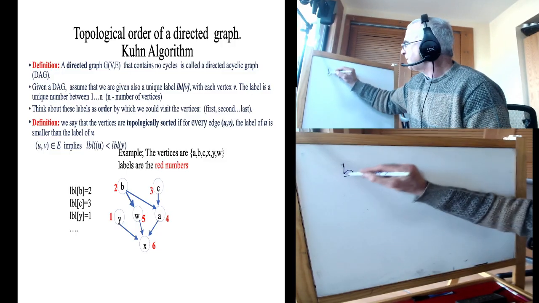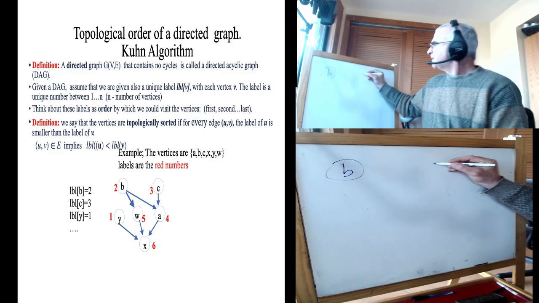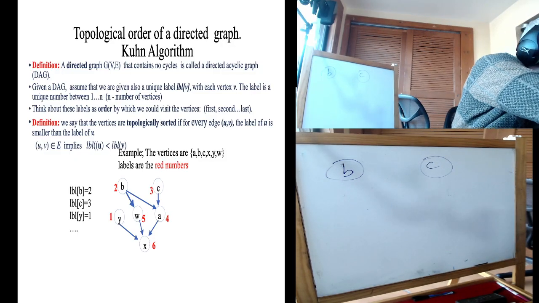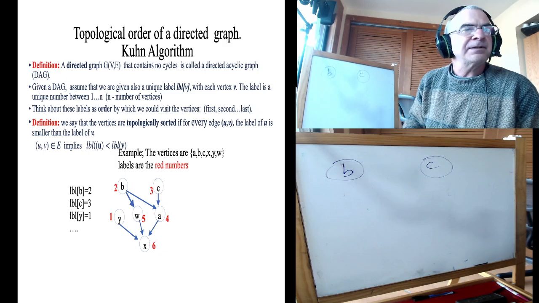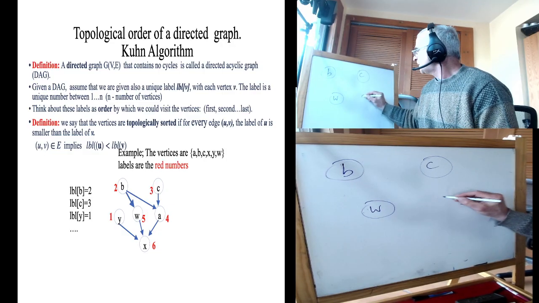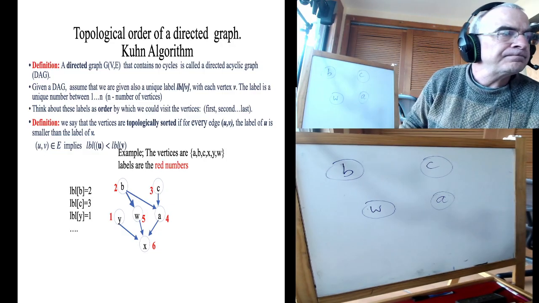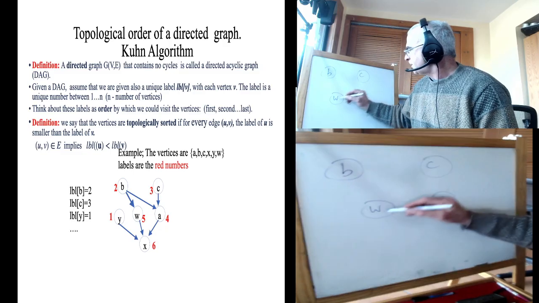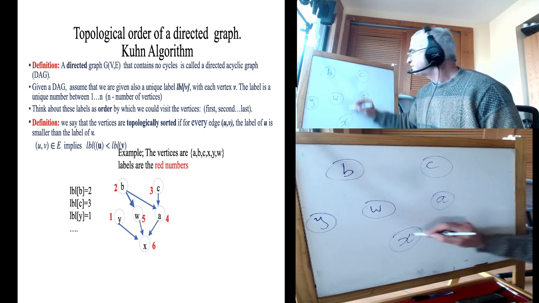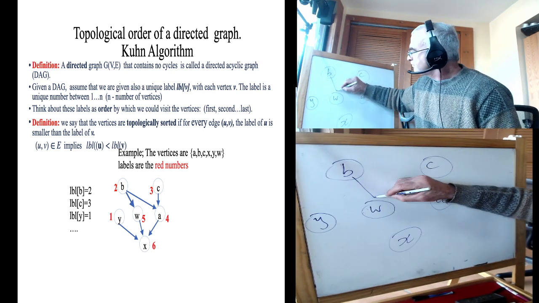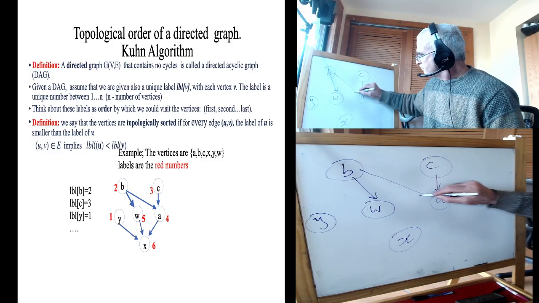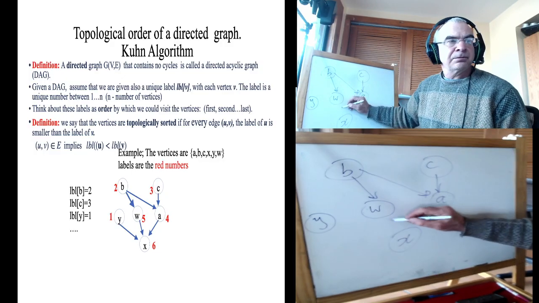I have B and I have C, and A, and W, and there is Y also, and X, and it goes to D, and W2.